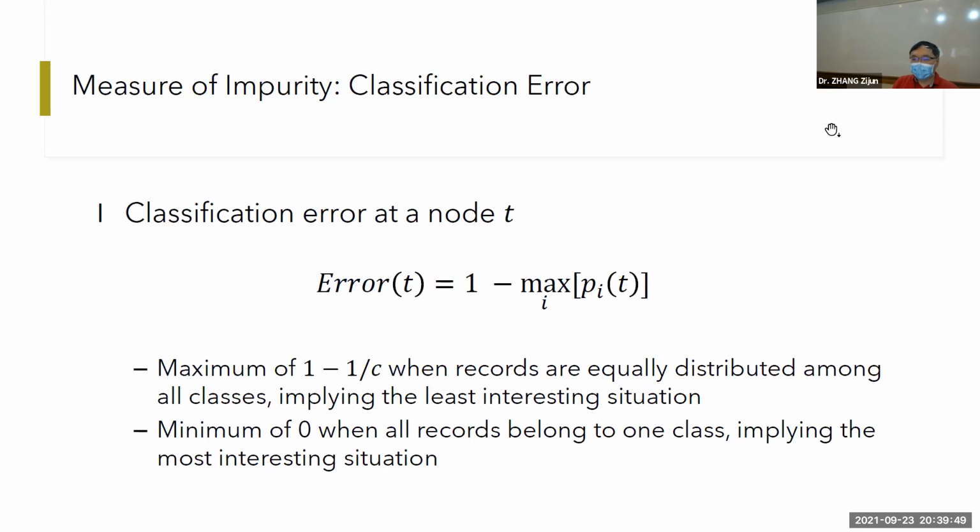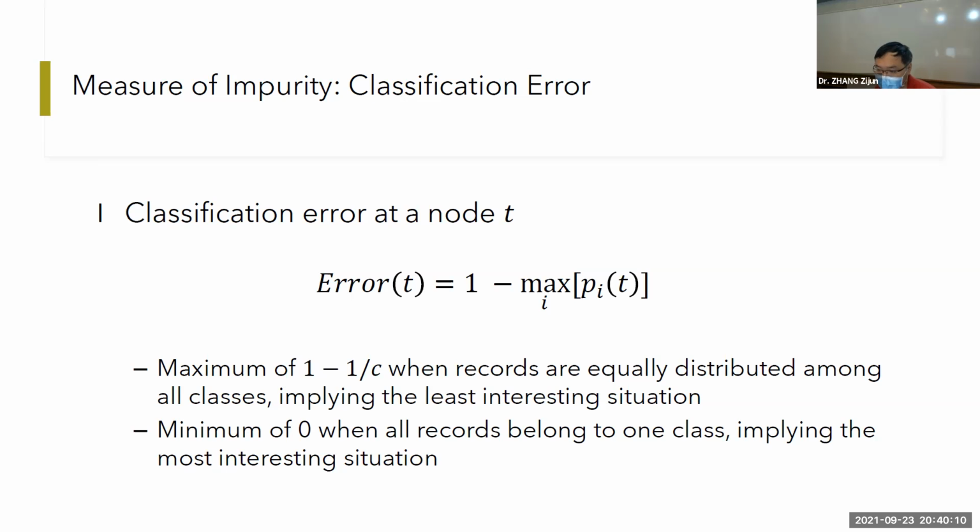And the last measure of impurity is classification error. That just describes how many records are misclassified in this node. So the classification error at node T is equal to 1 minus the max of the frequency.